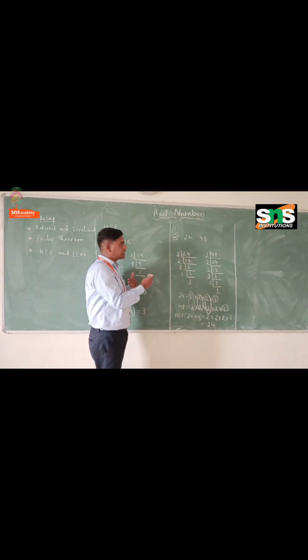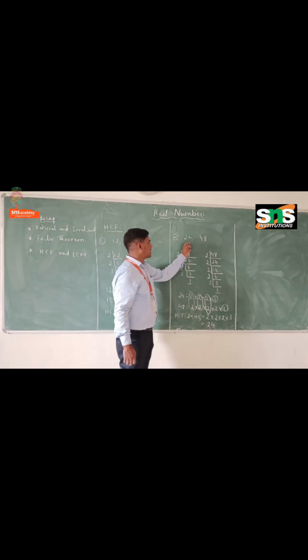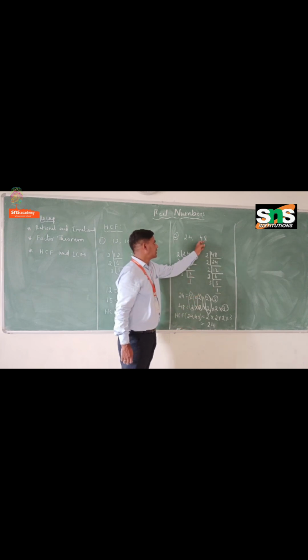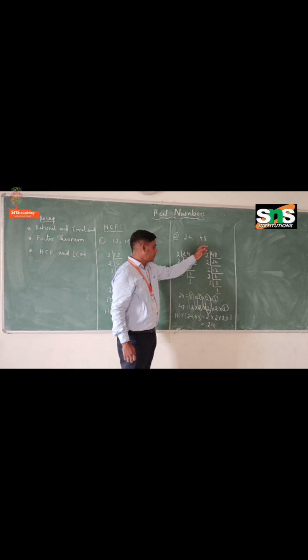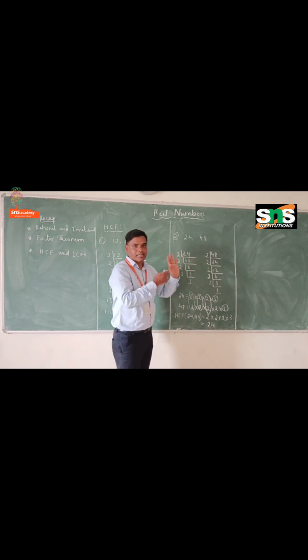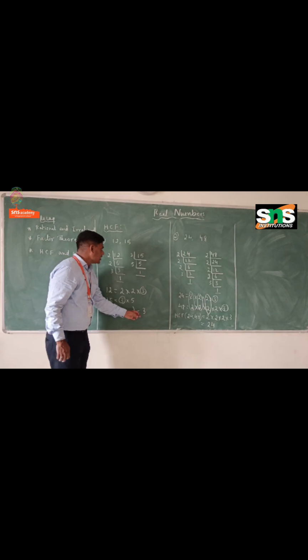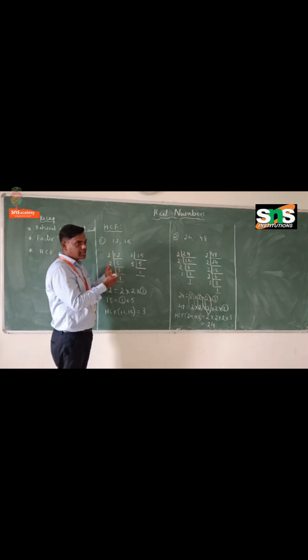Always note that the HCF value will be smaller than the given two numbers, or else equal to the smaller one. It will not be more than 48, it will be less than or equal to it. Here we got 3, which is less than 15, the greater value.